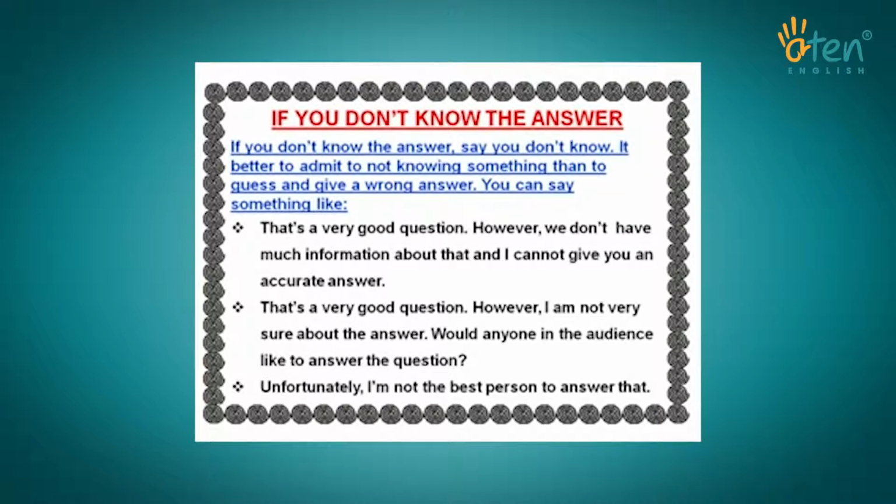"That's a very good question. However, I'm not very sure about the answer. Would anyone in the audience like to answer the question?" "Unfortunately, I'm not the best person to answer that."